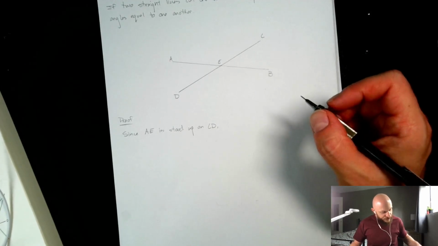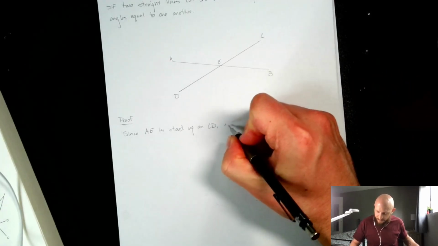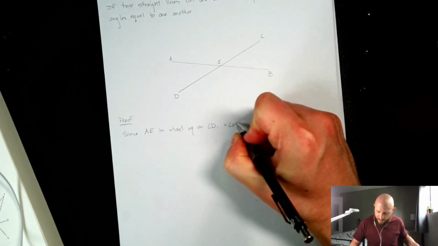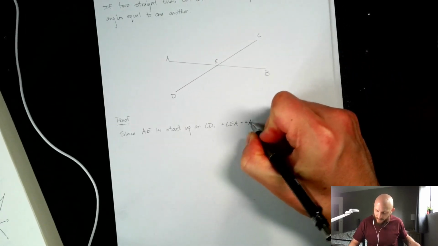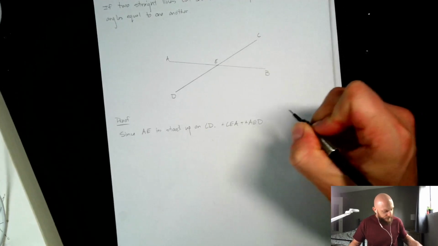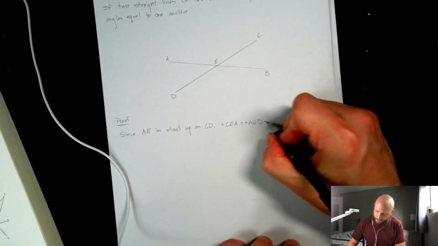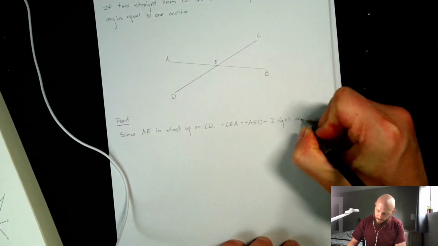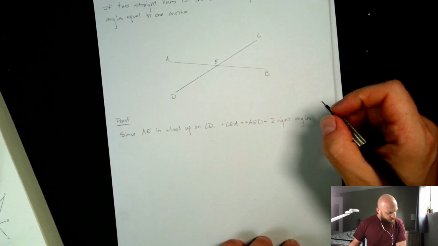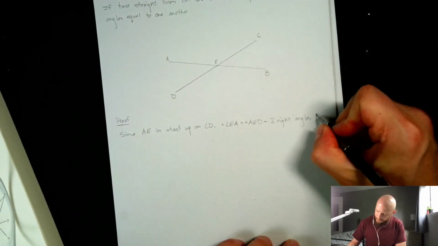we have a proposition that says the angles CEA and AED, the sum of those is two right angles. And that came from proposition 13.